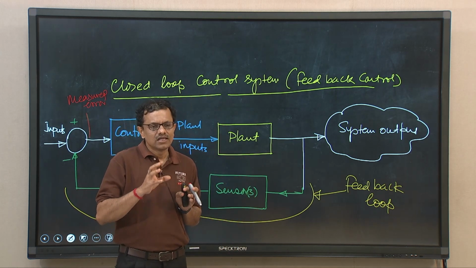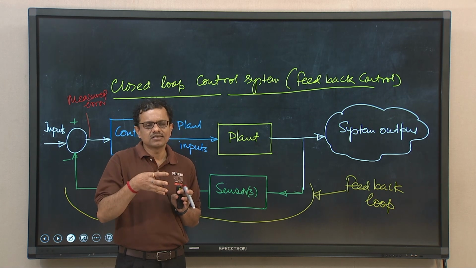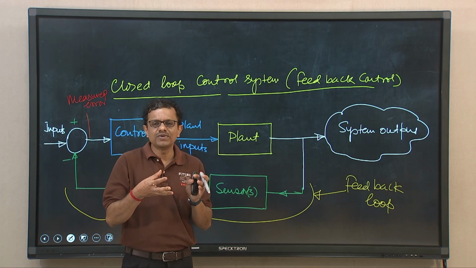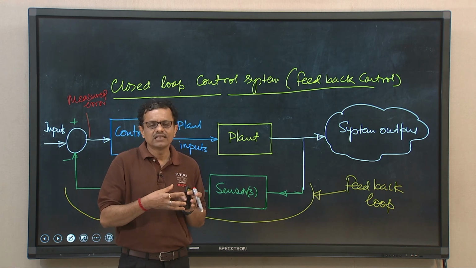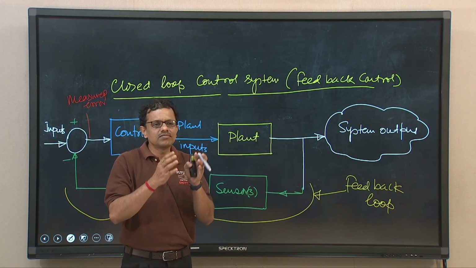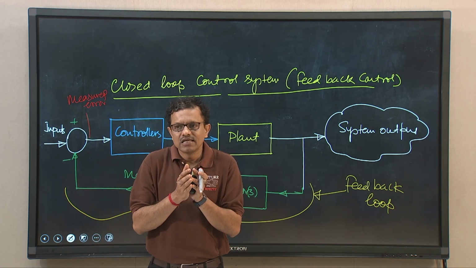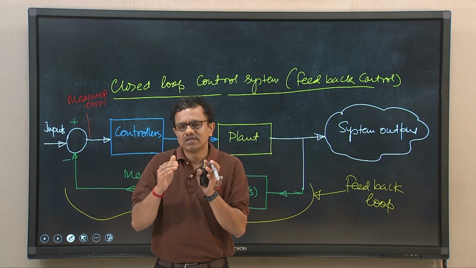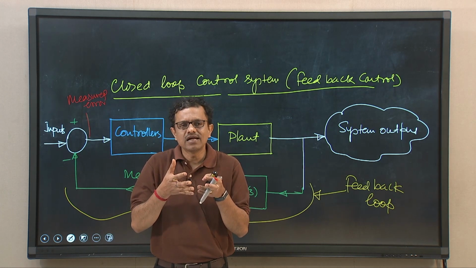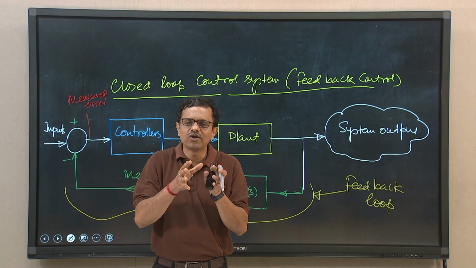Say for example, if the oxygen level in the exhaust gases is very high or very low, that information will be received by the electronic control unit, and it will try to adjust the fuel injection period. If the oxygen level is high in the combustion gases, what does it indicate? It indicates that in the air fuel mixture supplied into the engine, the amount of fuel was less.